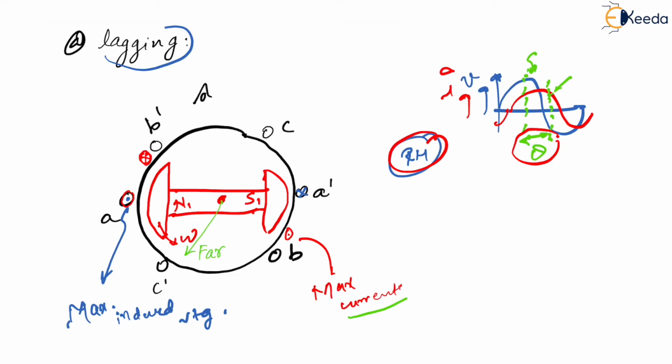Now the field MMF is definitely here. This is going to be your F_F. Now if you think of the resultant, this comes here, this comes here, and this becomes the resultant, which is F_R, correct?